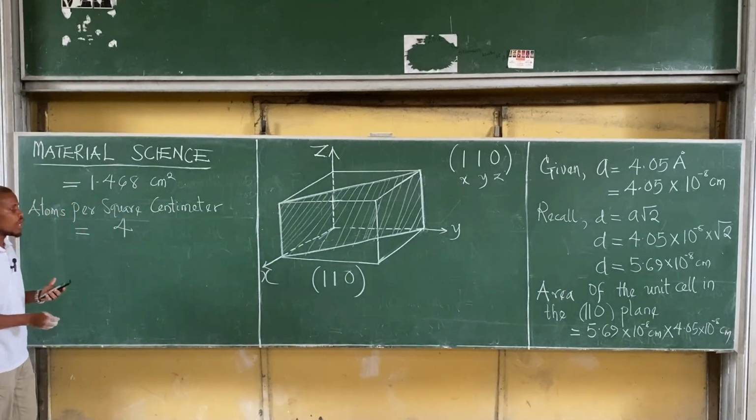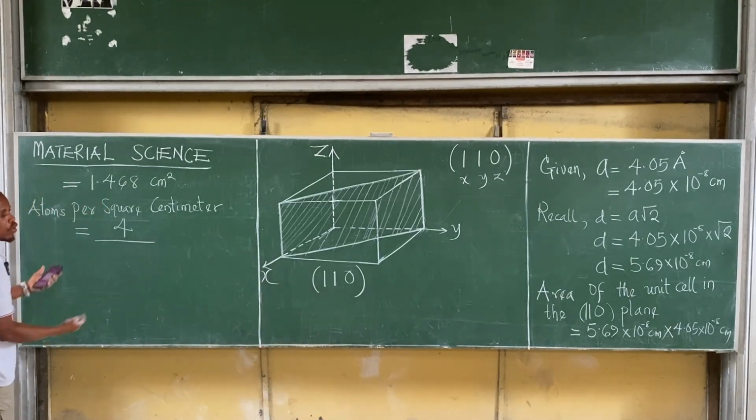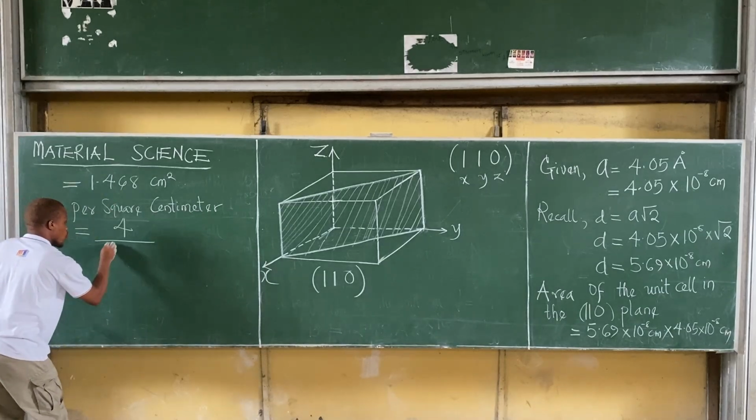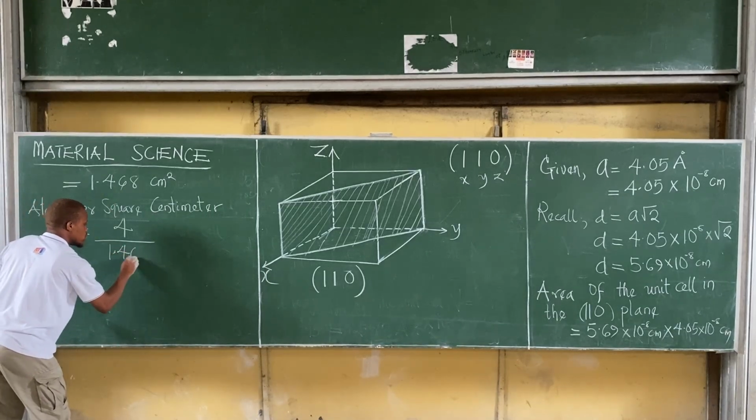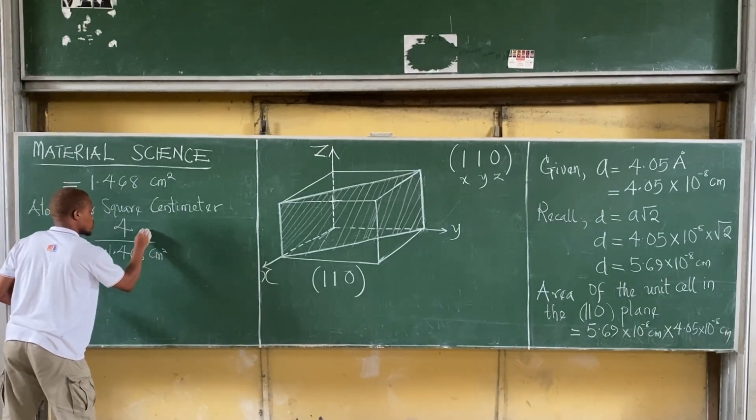We get 4 atoms, all divided by what? The area of the unit cell in the 110 plane, which is what? 1.468 centimeters squared, and this is your 4 atoms.